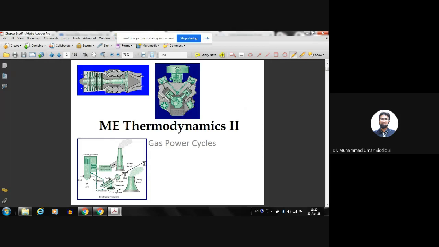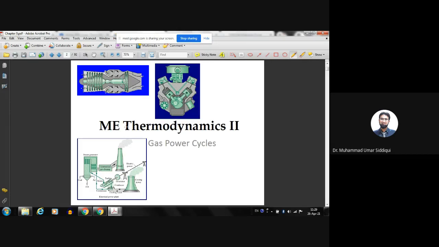Sometimes we have engines whose main objective is not to transport but rather to produce electricity. Whatever the form of the power, our main objective is to produce work output using gas, meaning air, as a working fluid. So that's the gas power cycle.